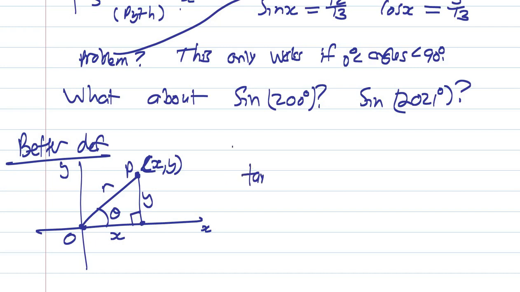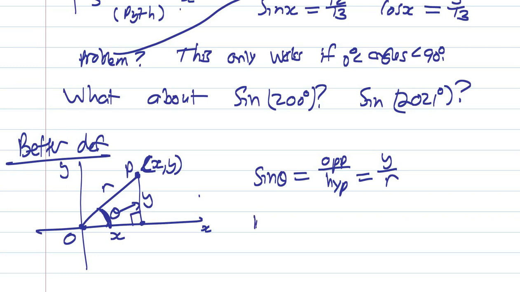So if you look at sine of the angle, we would like to define this as opposite over hypotenuse. But in this diagram, what is the length of the side opposite angle theta? Yep, it's y. And the distance from O to P is r, so we get y over r.